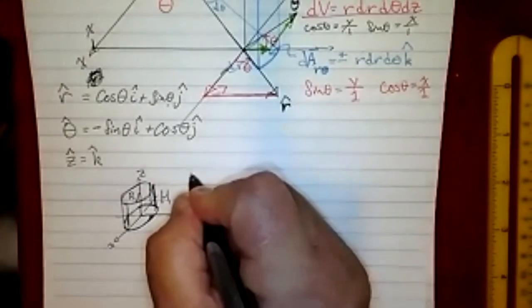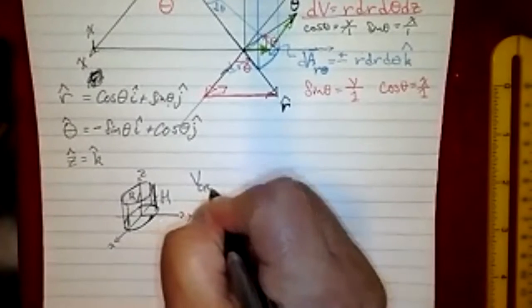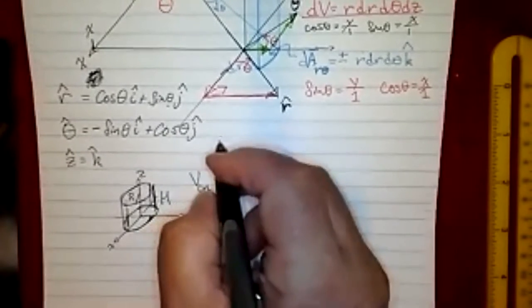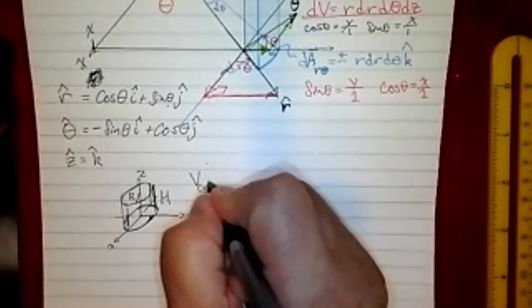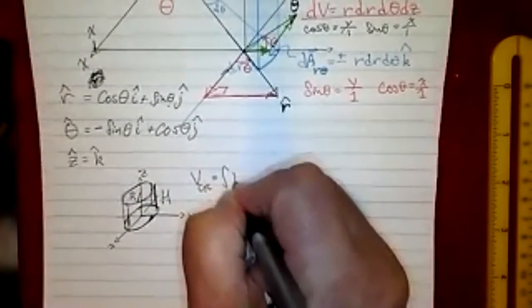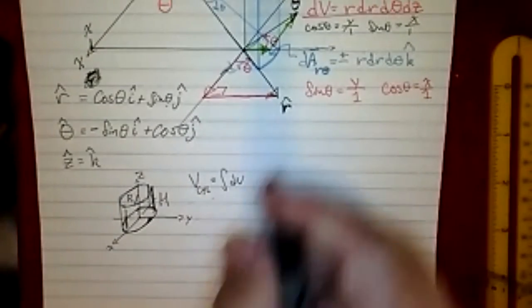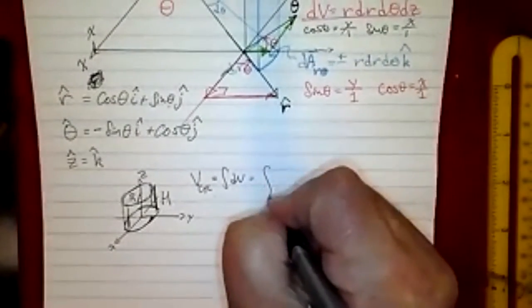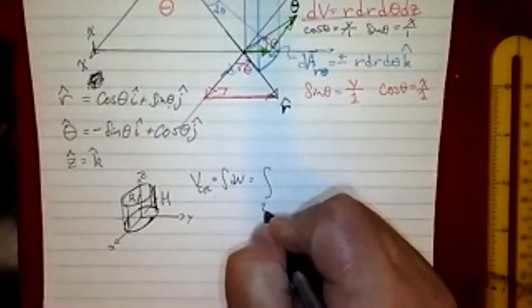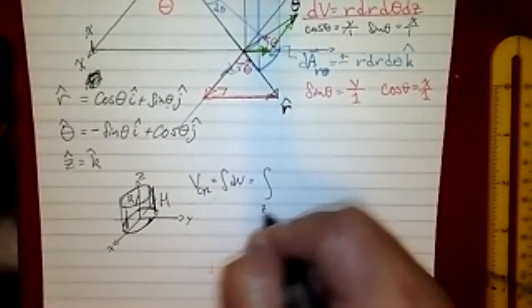So the volume of the cylinder is equal to the integral of dV, which is that thing I just calculated. So I'm going to say the integral, and I'm going to do it in this order. I'm going from last to first.